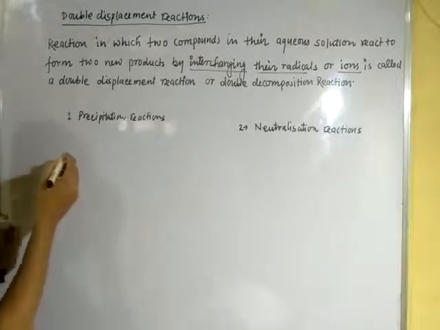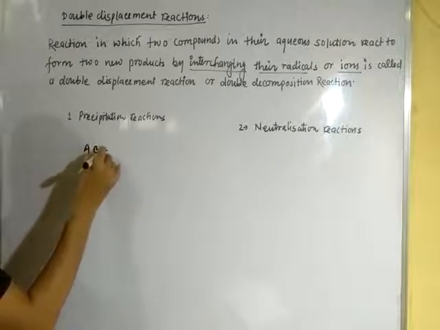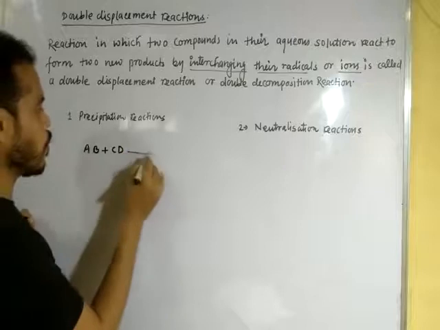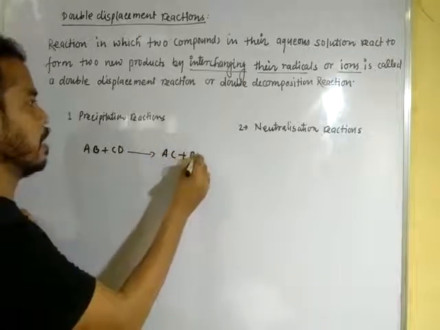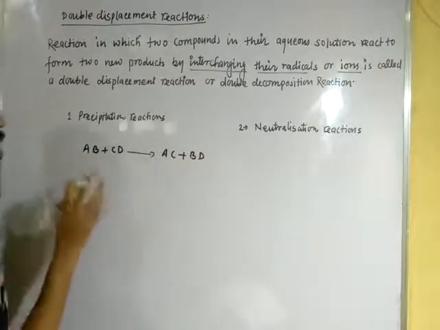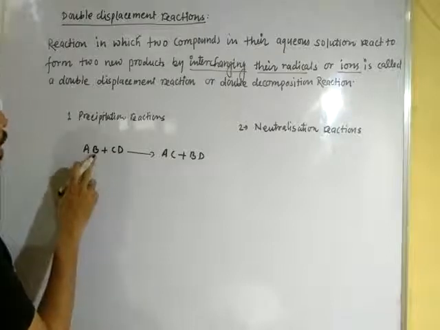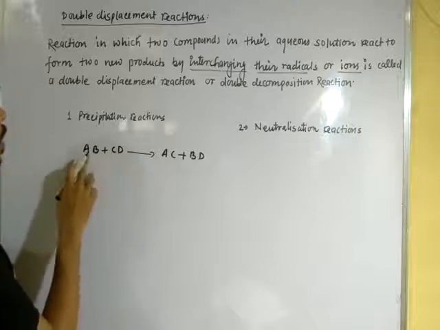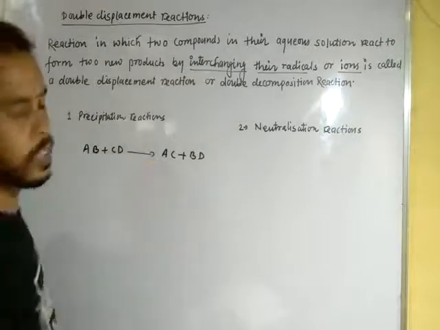Suppose we have AB and CD. When AB and CD react, they form AC and BD. You can see here that C and B are interchanging, and A and D are interchanging, to form AC and BD.